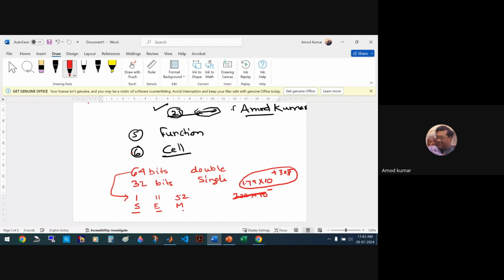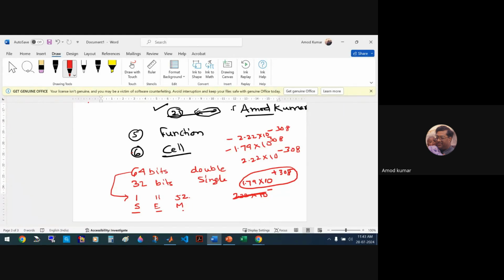This number can be represented by MATLAB in the computer. The minimum positive number is 2.22 into 10 raised to the power minus 308. Similarly, the maximum negative number is minus 1.79 into 10 to the power 308, and the minimum negative number is minus 2.22 into 10 raised to the power minus 308.